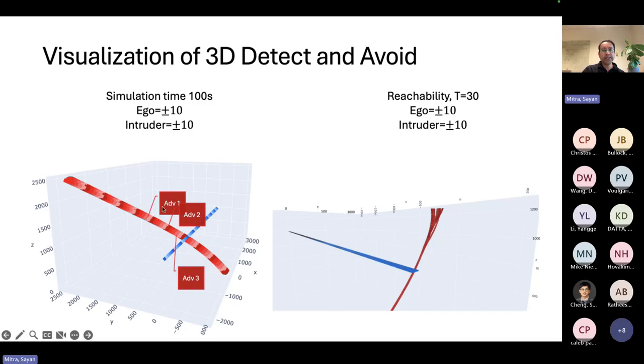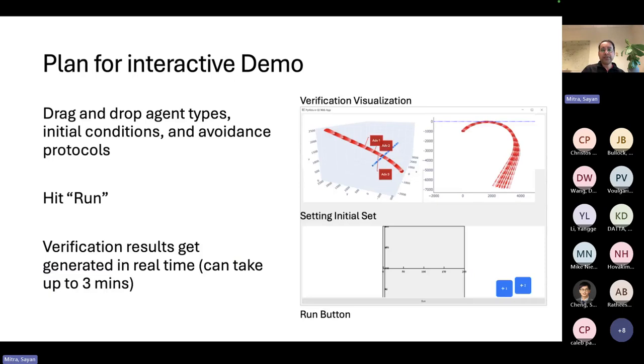So we would annotate these graphs with the advisories that came in, like strong left, clear of collision, etc., to understand how the system was evolving. And the other thing that we are planning to do is to have an interactive dashboard to make the demo interactive, so that the users can actually play around with it in real time.